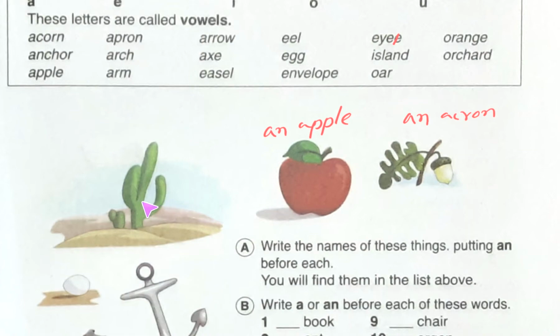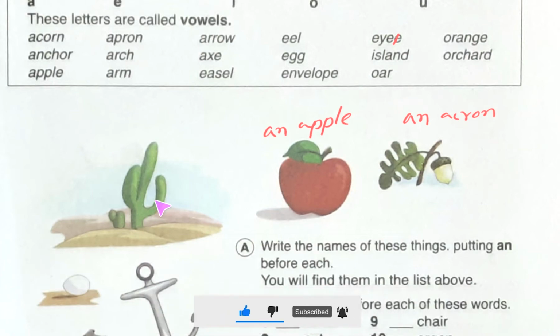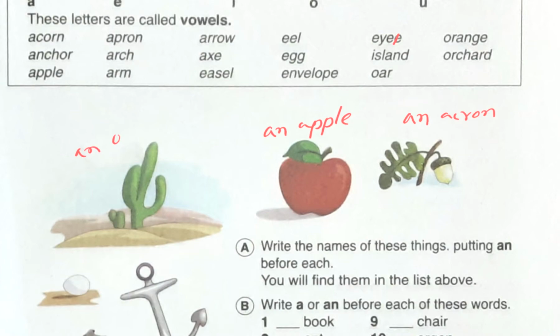This is a confusing picture, it looks like a cactus, but here there is no word like it. You will find another book, or I have searched and I have found there are many books. This picture is like an ox, it is not like this. So, it will be an ox.